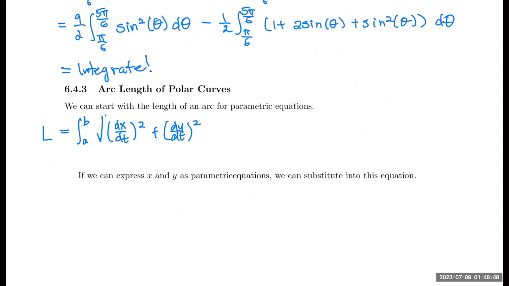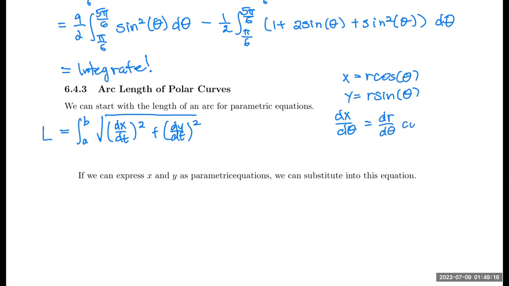Well, this is where we're going to have to use the chain rule a little bit. If x is equal to r cos theta, and y is equal to r sine theta, then dx divided by d theta has to equal dr divided by d theta cos theta minus r sine theta.